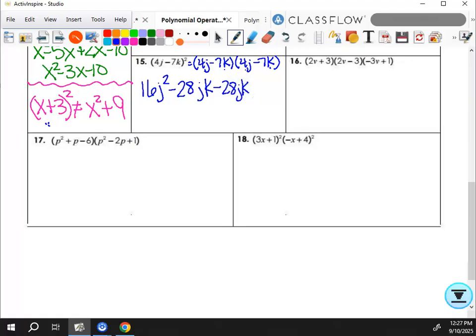And then negative 7k times negative 7k, 49k squared. Right, and then we just combine these two right here, and we get 16j squared minus 56jk plus 49k squared.